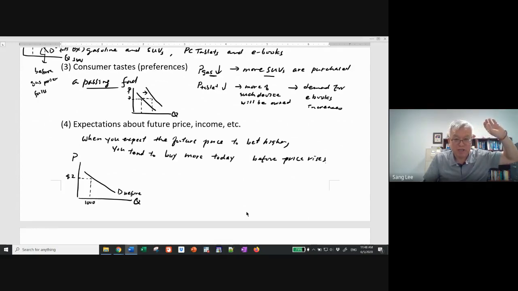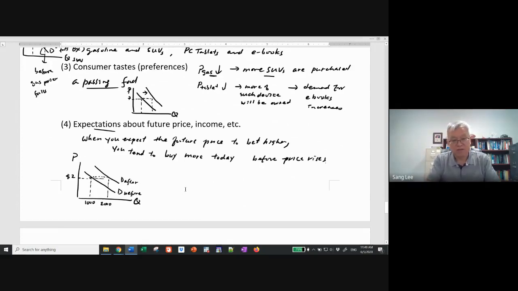Oh, it'll be harder to get gas, or price will go up. So now all of a sudden people want to buy more gas today. So that means do they buy more gasoline because its price went down? No. Even at the same price, as they form such expectation, they want to buy more gasoline today. So let's say 2,000 gallons a day. So this is the demand curve after they form such expectation. So future expectation does cause demand curve of something to shift, okay?